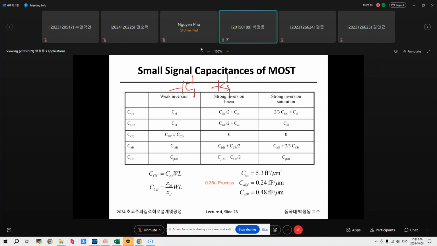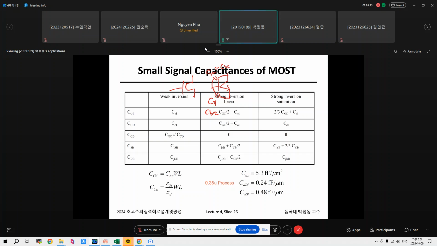For the BJT, as can be seen before, you have a C pi, which is a C base to emitter, and you have a C mu, which is a C base to collector.